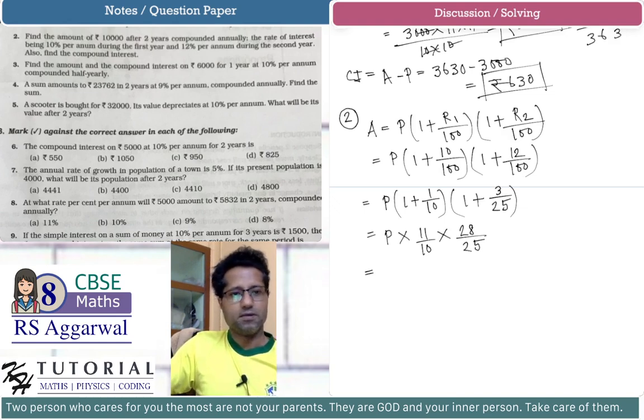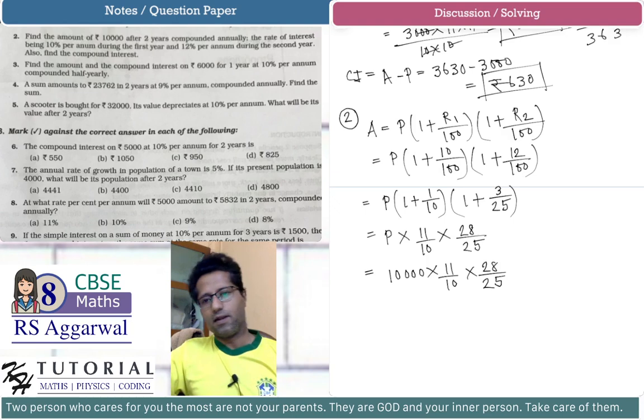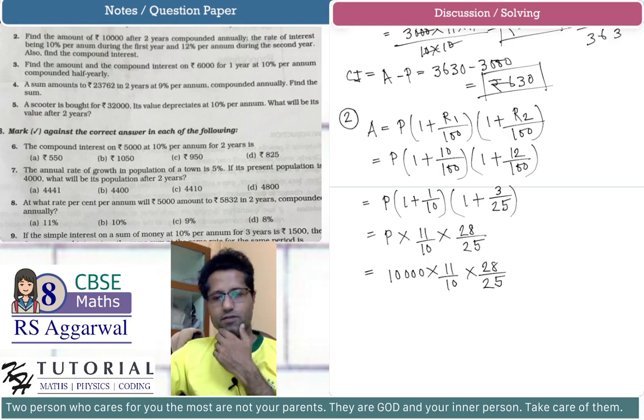Now we need to put the value of the principal. The principal is given to be 10,000. We have 11 by 10 multiplied by 28 by 25. Now please note that for solving problems on compound interest or even simple interest, the figures will sometimes be very large.